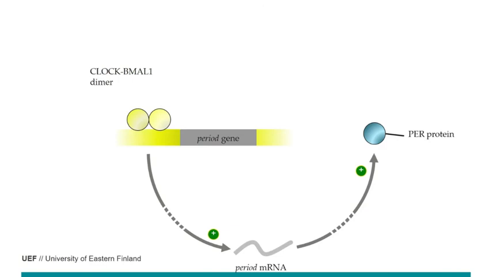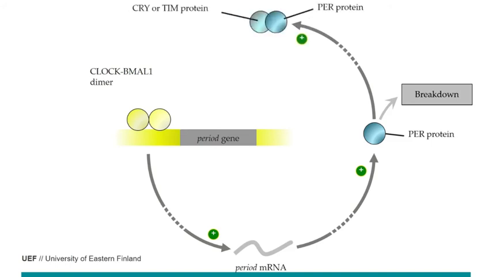And if these PER proteins are not bound by CRY or TIM proteins, they will break down. But with these CRY and TIM proteins working together, they inhibit this CLOCK and BMAL dimer. So then you have the cycle. So you have proteins that are affecting gene expression, and the result of the gene expression is somehow inhibiting the activity of this gene.